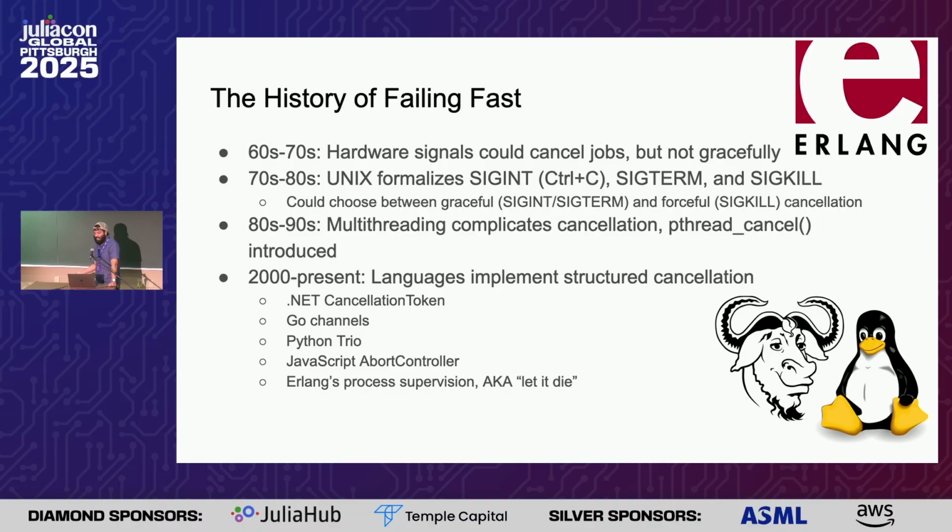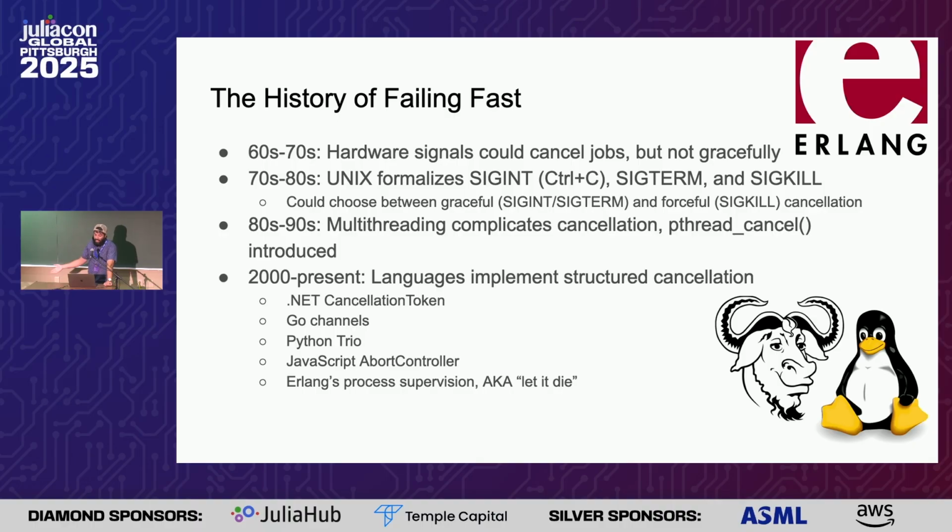In the 70s to 80s, Unix formalized SIGINT, which is what Control-C actually triggers. When you hit Control-C, it sends a SIGINT signal to your process, as well as SIGTERM and SIGKILL. SIGINT and SIGTERM are kind of graceful-ish cancellation. It's not really, but we'll get to that. And then SIGKILL just says, nuke this process, go away. That's what we would call forceful cancellation.